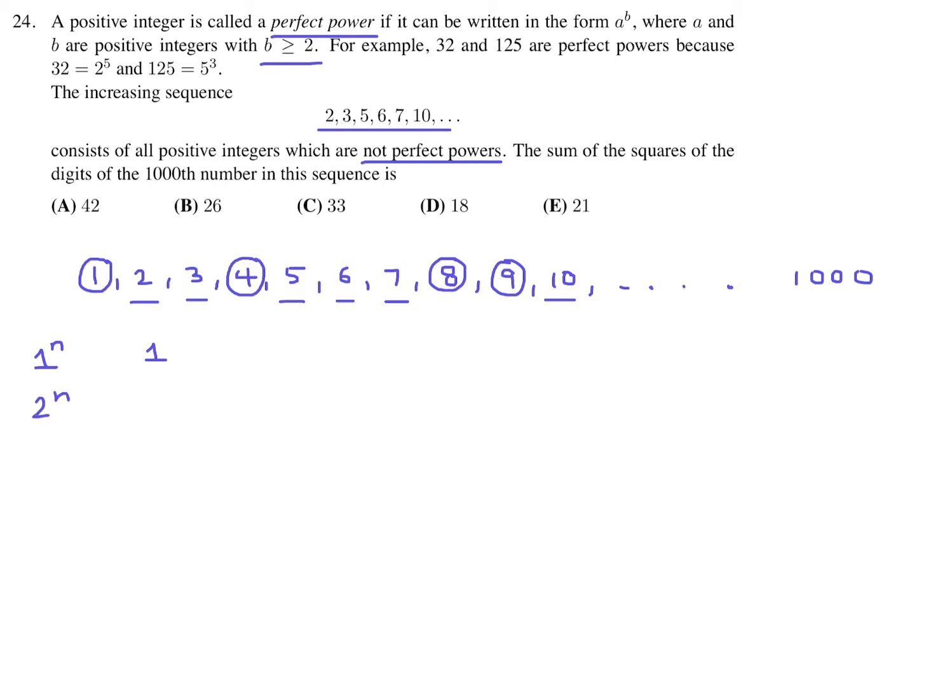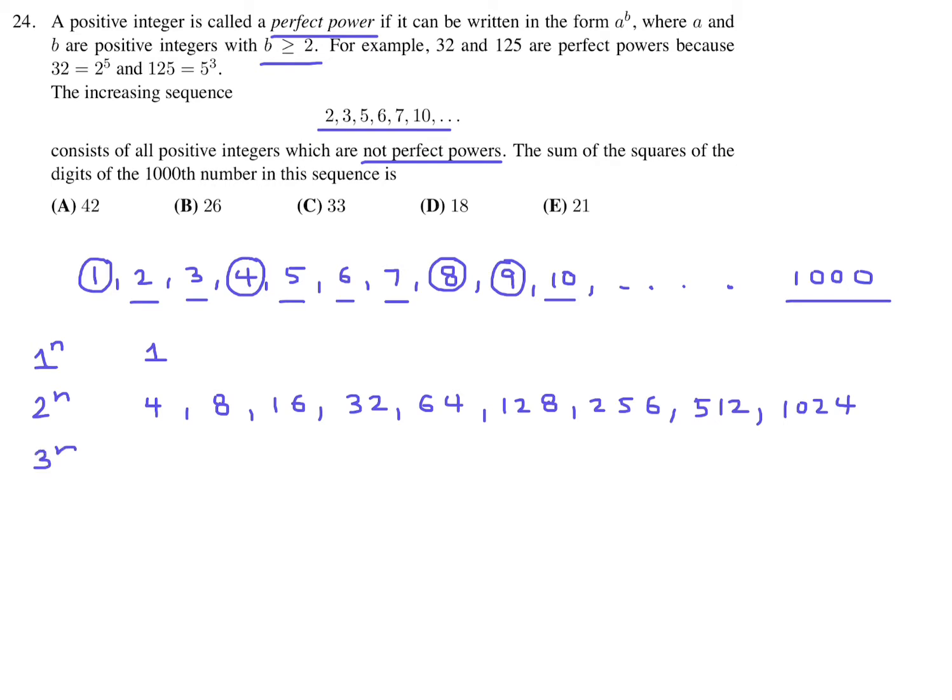2 to the power of n, what are those? When n is greater than or equal to 2, we got 4, 8, 16, 32, 64, 128, 256, 512, and 1024. I'm not going to go any higher than that because we just want to get up to 1,000, right? 3 to the power of n.